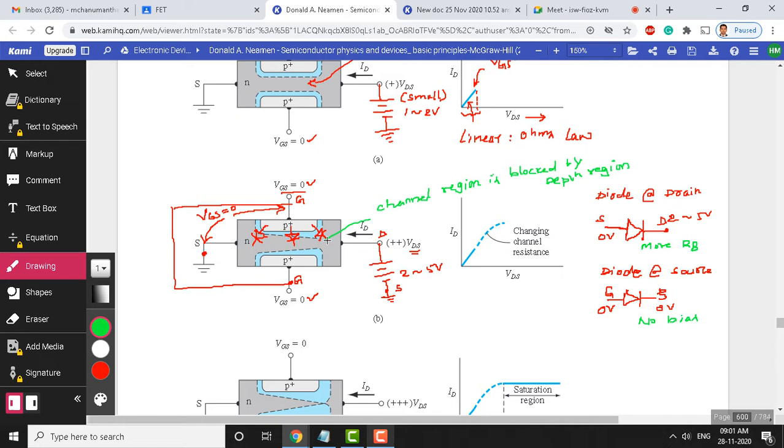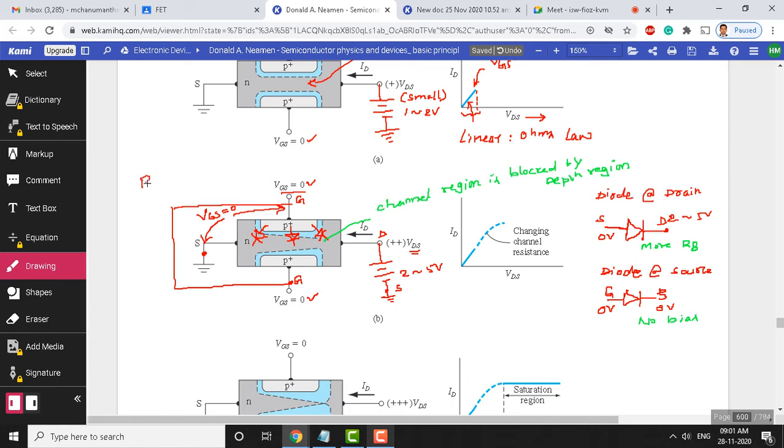Now what happens to the resistance? When the channel region is blocked by the depletion region, what will happen to resistance? Naturally the resistance at the drain side keeps increasing. Let us see that now.